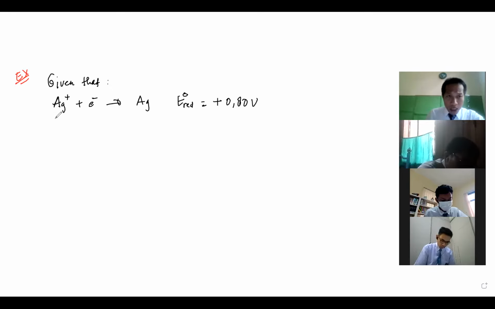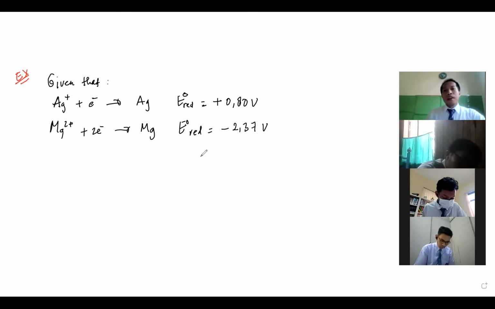Okay, and then the second one is Mg2 plus plus 2 electrons, producing Mg. E0 red is equal to minus 2.37 volt. Right, the equation is part A.